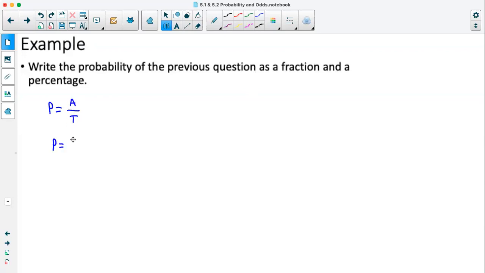So that's going to give us 6 over 52. Both of those are even numbers, so we can reduce that to lower terms. So that gives us 3 over 26.